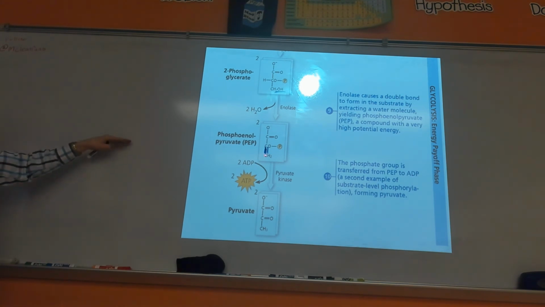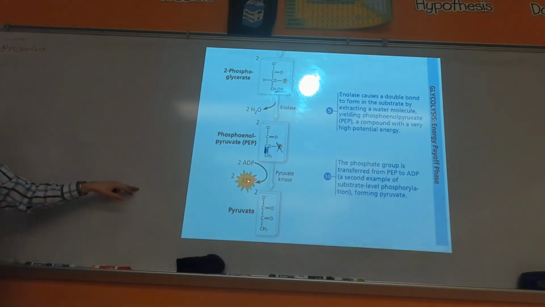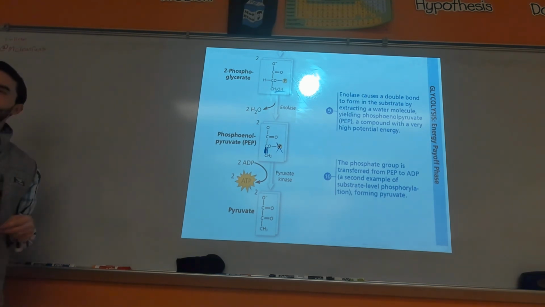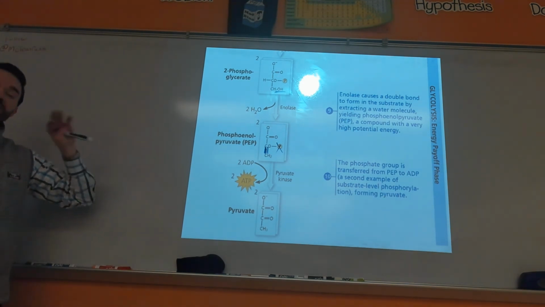Okay. And then the kinase comes in. So kinase has to do with the phosphates. The kinase strips off this final phosphate, creating your second ATP. Cool. And you do that 2 times. And that's the end. So again, don't need to know all the details.